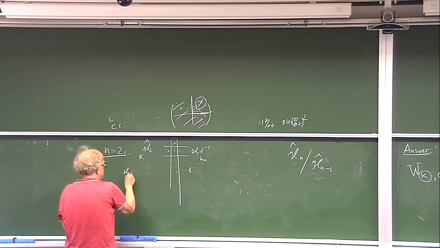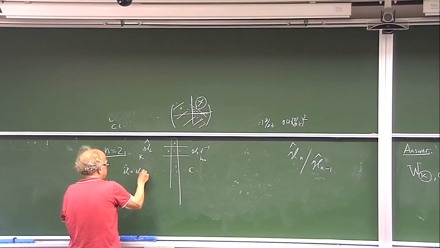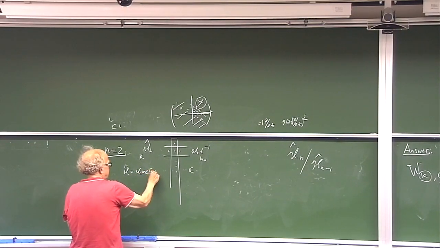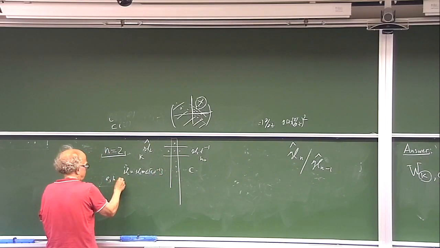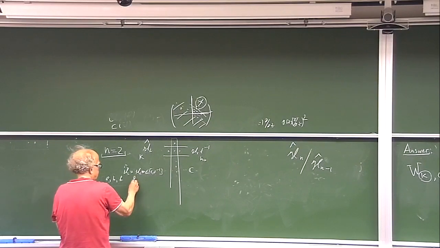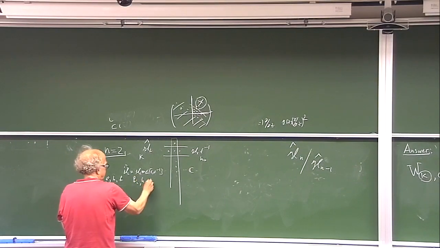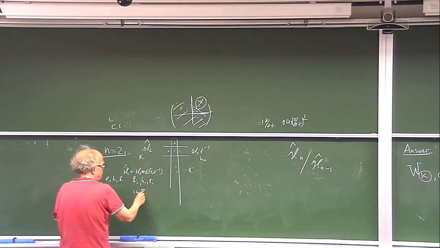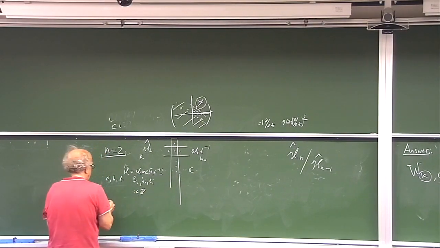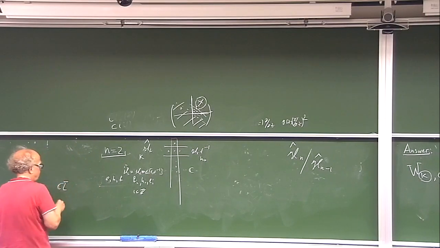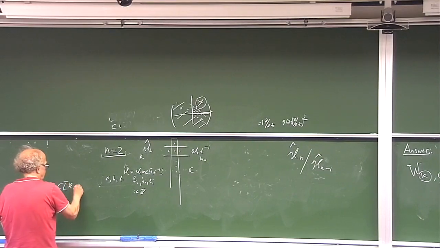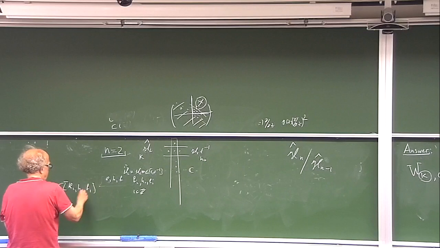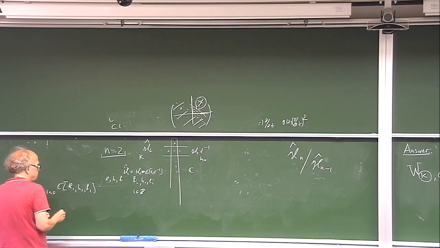What is SL2 hat? SL2 hat is SL2 times C[t, t inverse]. In SL2 we have the basis E, H, F, and here we have the basis E_i, H_i, F_i, where i belongs to Z. And this representation is what? By Poincaré-Birkhoff-Witt, these are polynomials in E_i, H_i, and F_i, where i is negative.